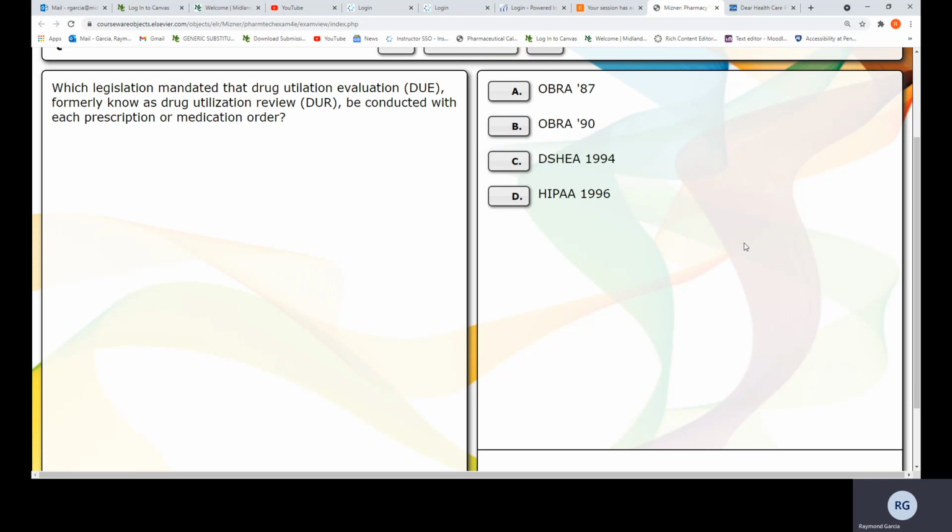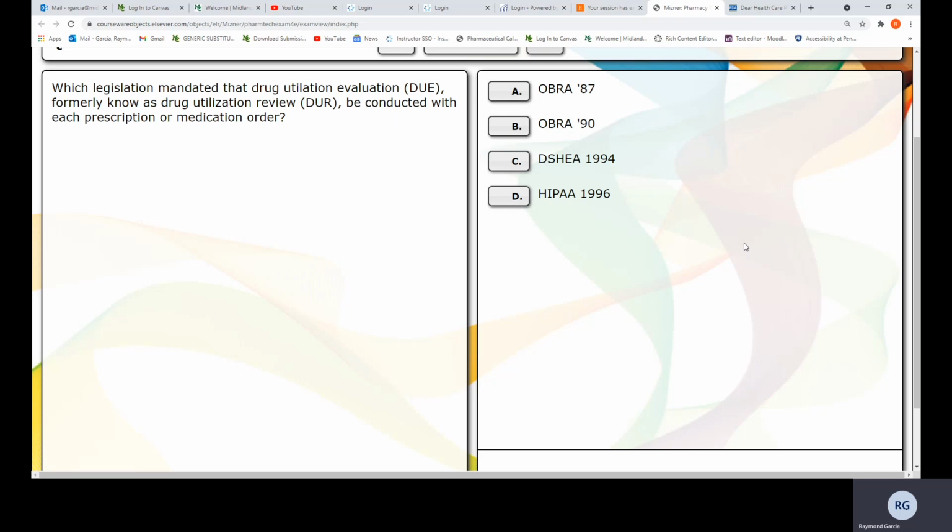Which legislation mandated that drug utilization evaluation, DUE, formerly known as Drug Utilization Review, DUR, be conducted with each prescription or medication? Which legislation?